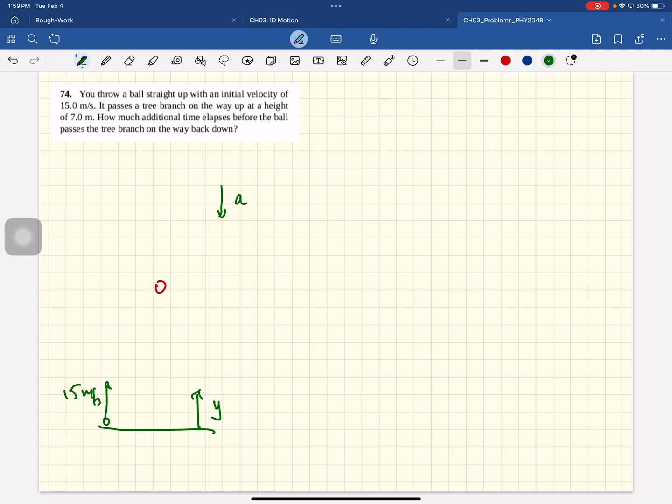What is the acceleration? The y component is minus g, equal to minus 9.8 meters per second squared. This velocity is positive, and the branch is at 7 meters.